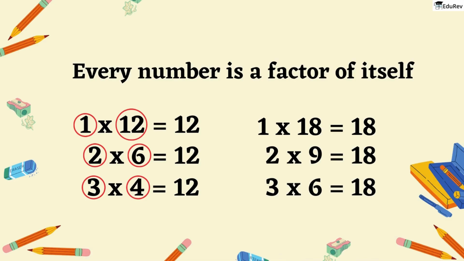So the factors of 18 are 1, 2, 3, 6, 9 and 18. Here also students, factors of 18 include the number 18 itself too. So we can conclude that every number is a factor of itself.